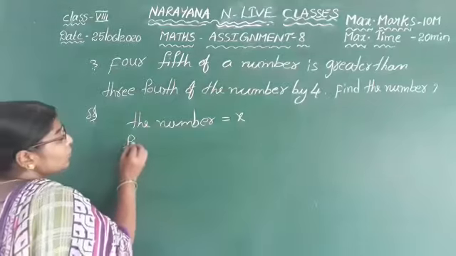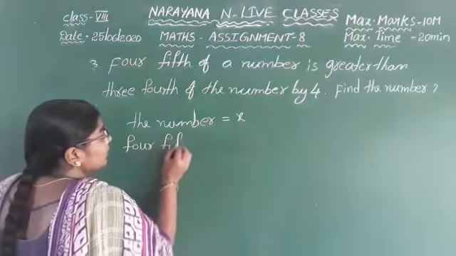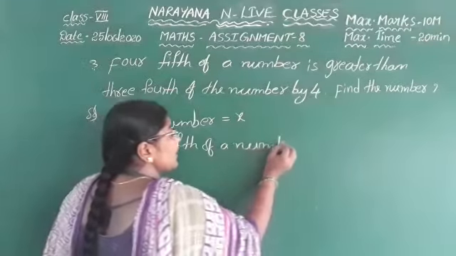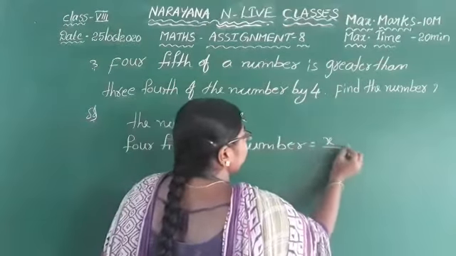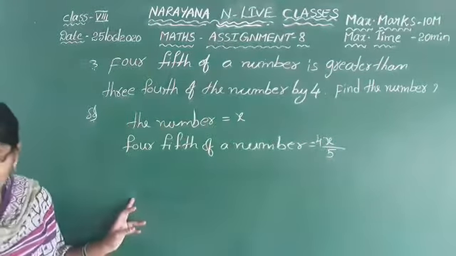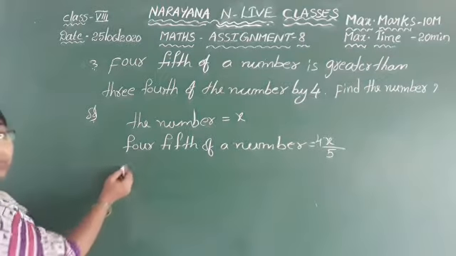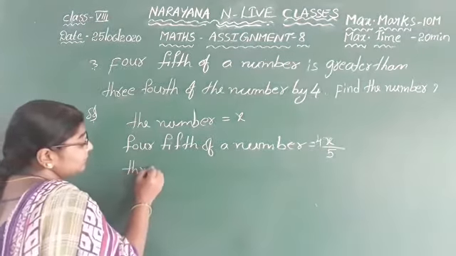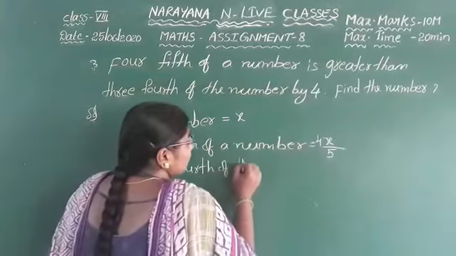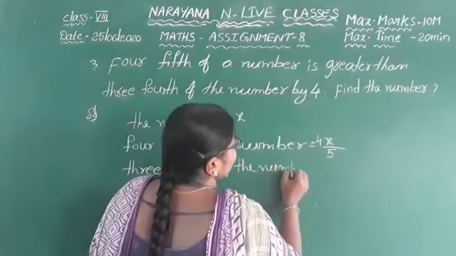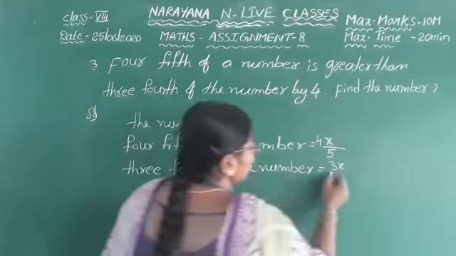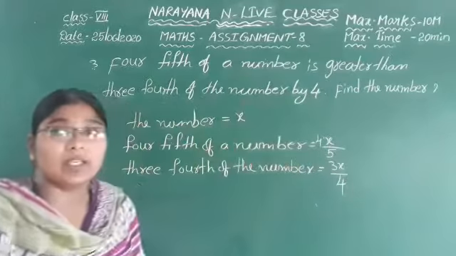That means 4x by 5. And next, 3/4 of the number, which in terms of x is 3x by 4.